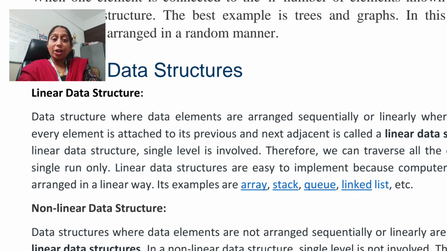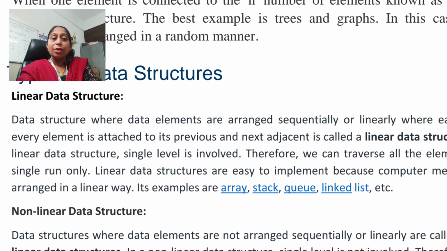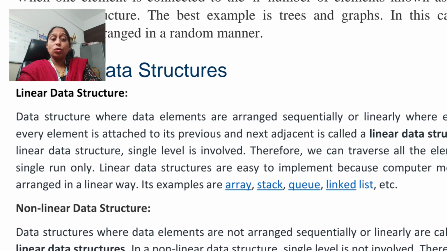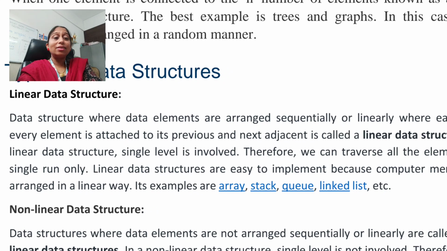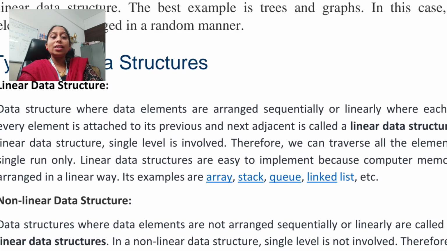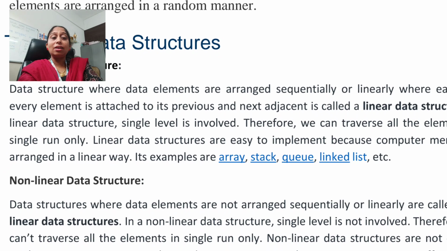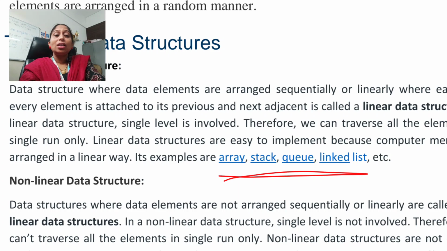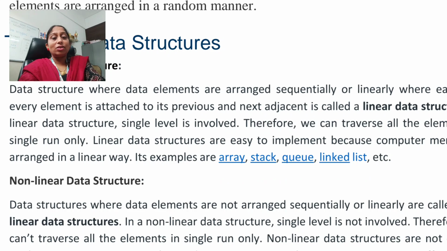So we can fetch the data easily, accessing and arranging the data sequentially. Examples are arrays, stacks, and linked lists. These are the important data structures which come under linear data structures.